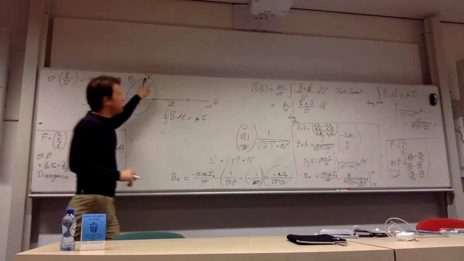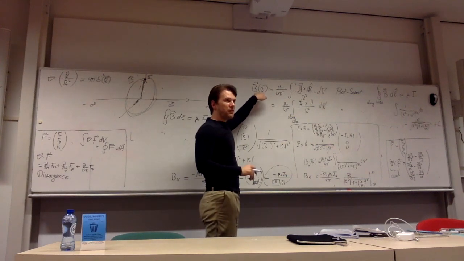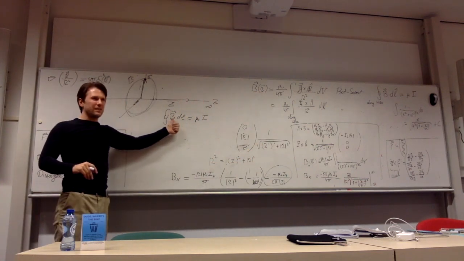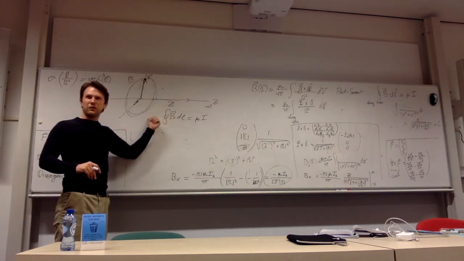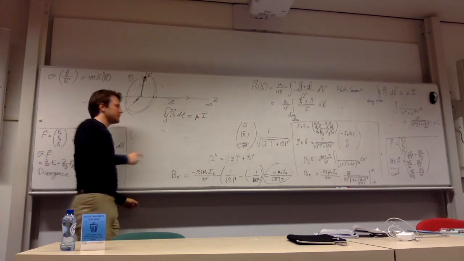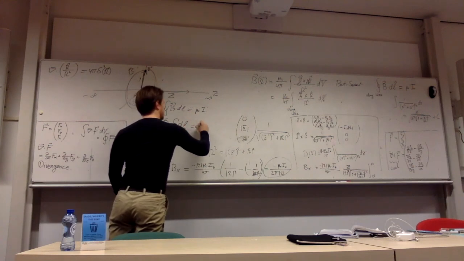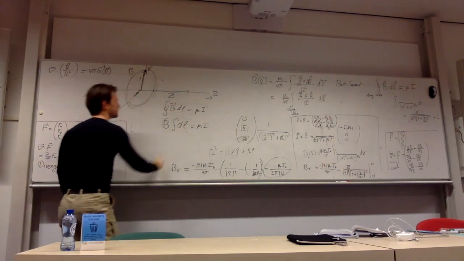We already know from Biot-Savart that the amount of B field does not change if you stick to the same circumference. That means that the value of B comes outside of the integral, doesn't it? Right? So you get this.